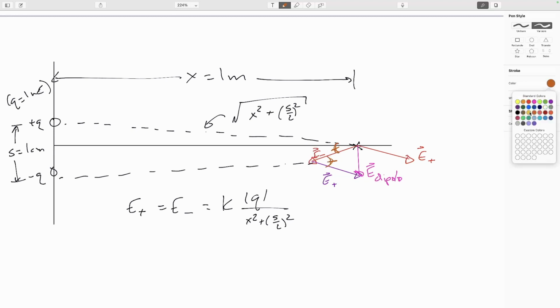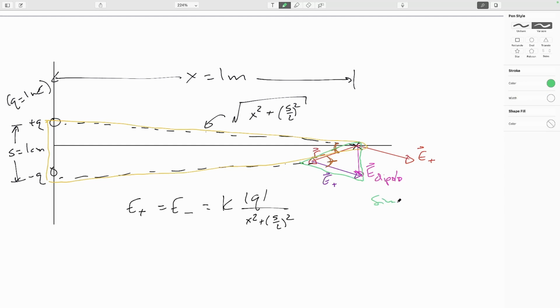So let me just go ahead and highlight those. So here's the physical triangle I'm thinking of right there, and here is the vector triangle that I'm thinking of right there. Those are similar triangles. So what this means is I can set up a proportion.